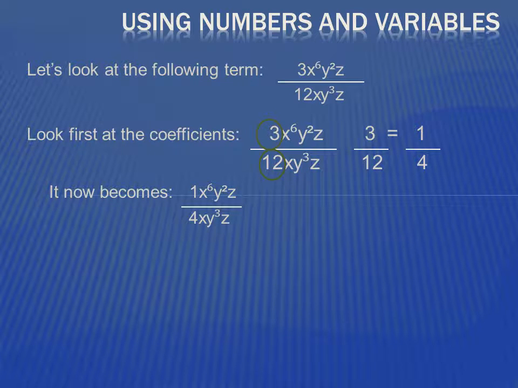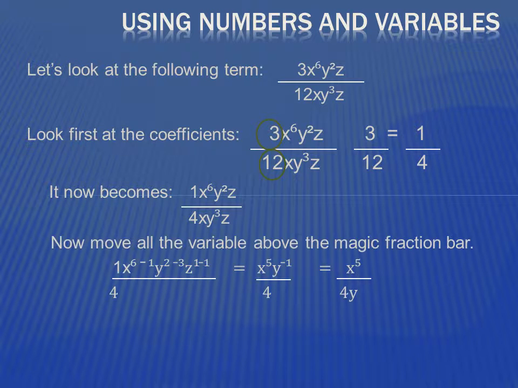Now our next one, since we already have things in our numerator, we can get rid of the 1. And when you start moving all the variables from under the fraction bar up, let's take our x's. In our numerator we have 6, which is already positive, and an x in the denominator to the first, and when that x to the first moves up, it becomes a negative 1.